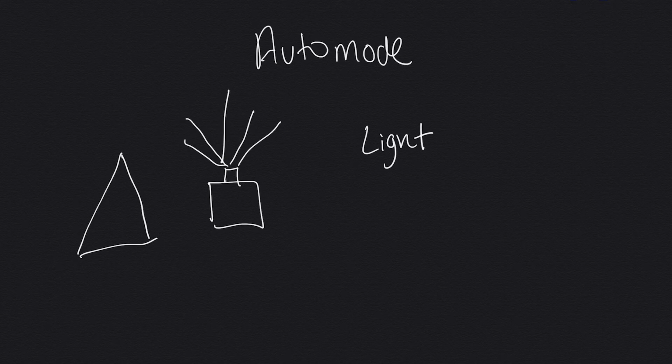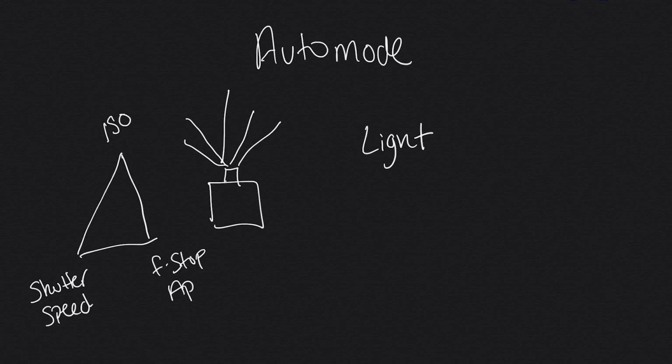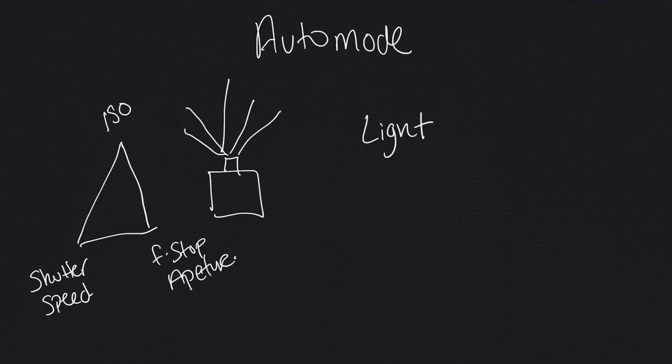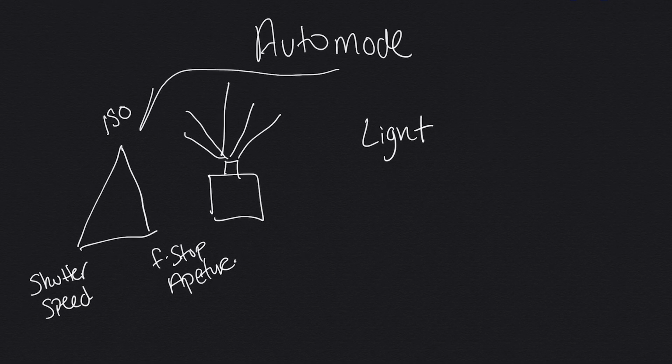And then it adjusts three different things. It will adjust on its own the ISO, which we covered last week, the shutter speed, and the f-stop or aperture.